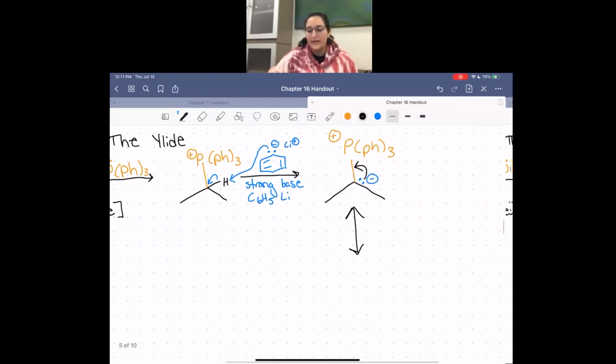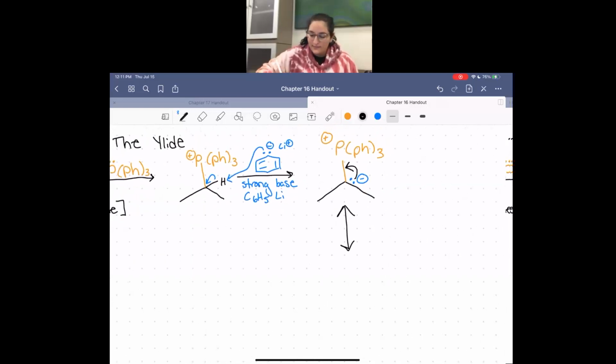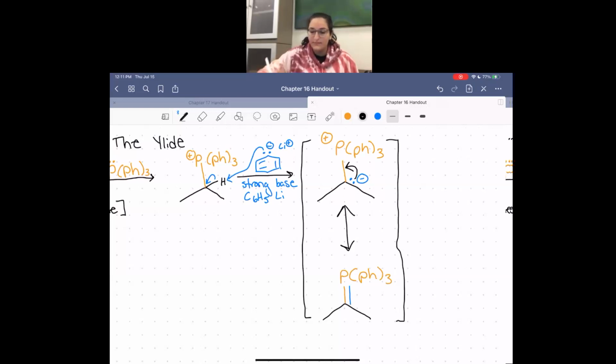And we can get this. Right? And since these are a pair of resonance structures, both of these structures are called the ylide.